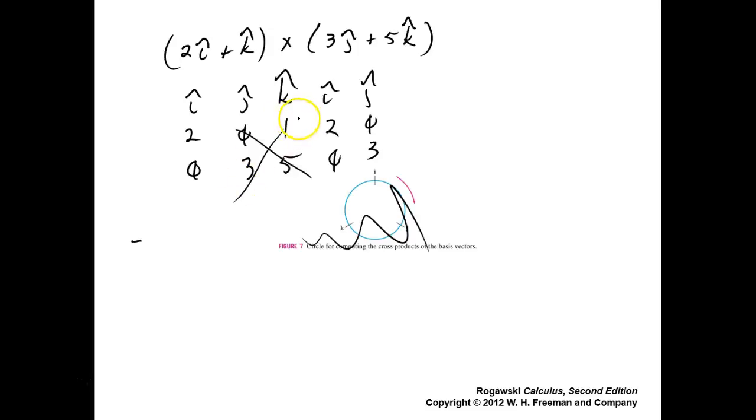This is a minus 3. So minus 3i. Minus 10j. Okay. Yeah, minus 10j. Plus 6k. I don't know, doing it the regular matrix way makes more sense to me.